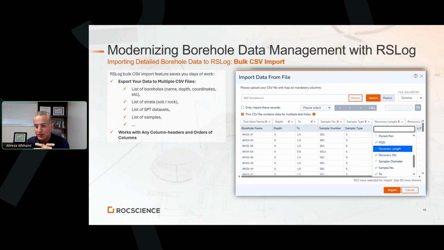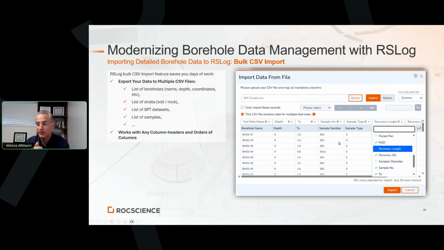And the only thing you need to do here is to map the columns of your CSV file to RSLog data entry columns. And that's what we have done here. You see, here, sample NO is sample number, right? So we map these two. These are clear, easy, right?